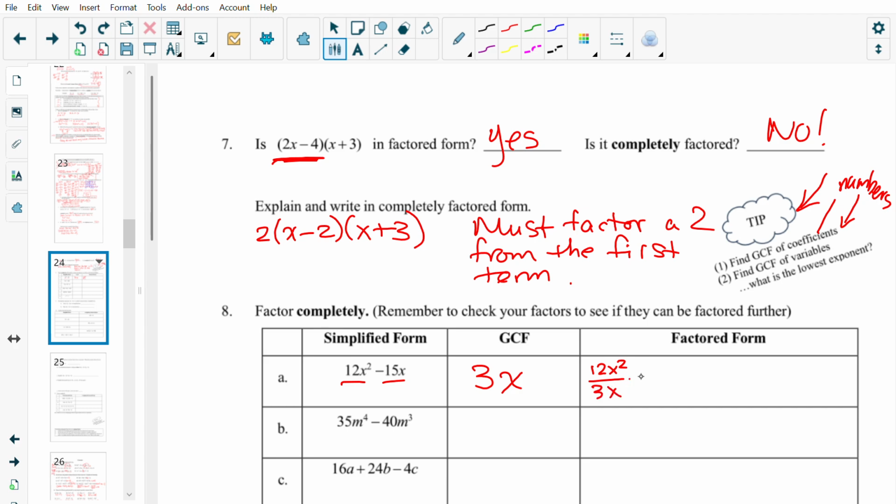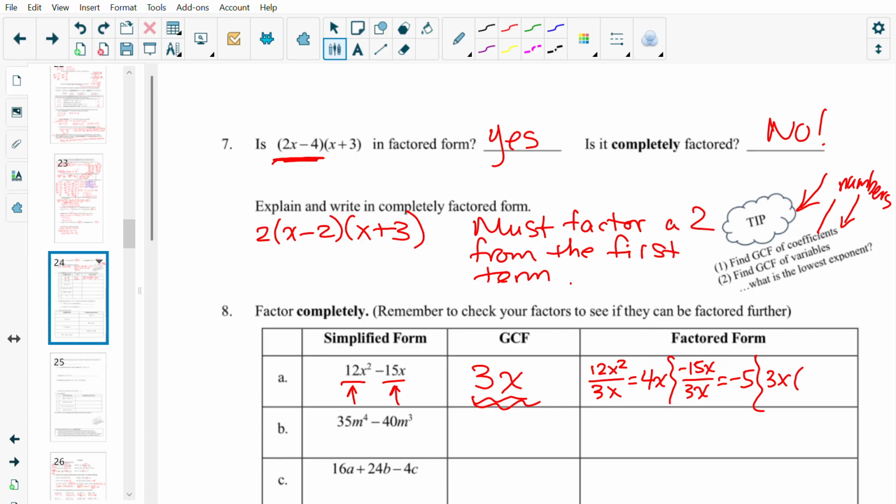And now I know we were doing this. We'll do it one more time, but I want to get away from doing this because you need to be more fluent. So 12x squared, I'm taking this first term divided by the GCF, and then I take the second term divided by the GCF, and then I get my expression.